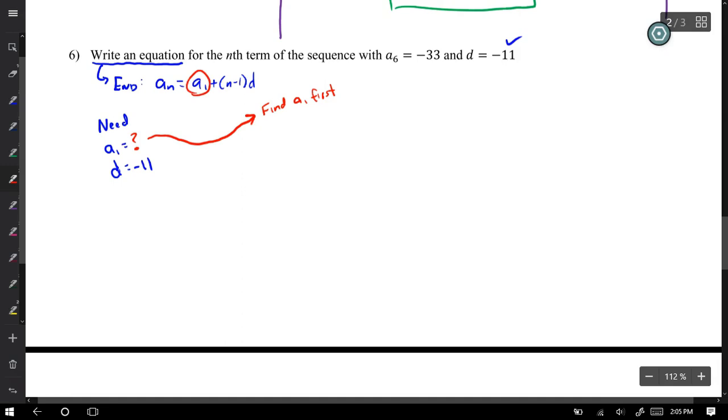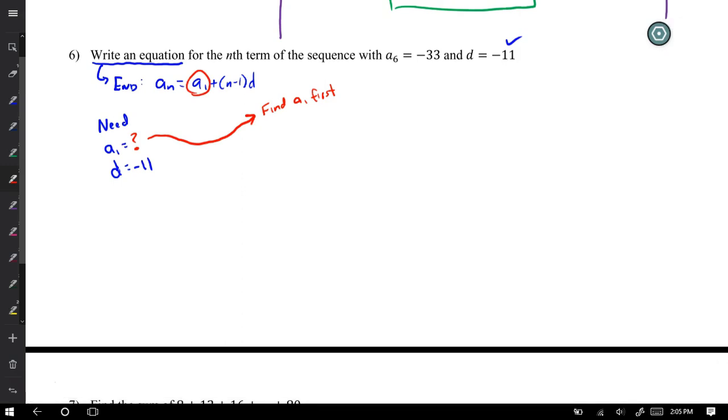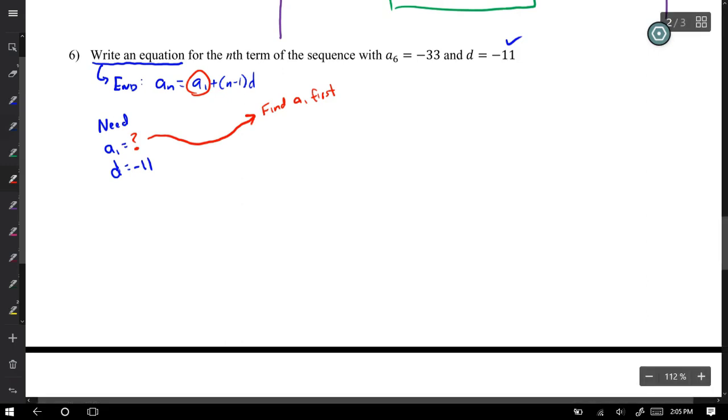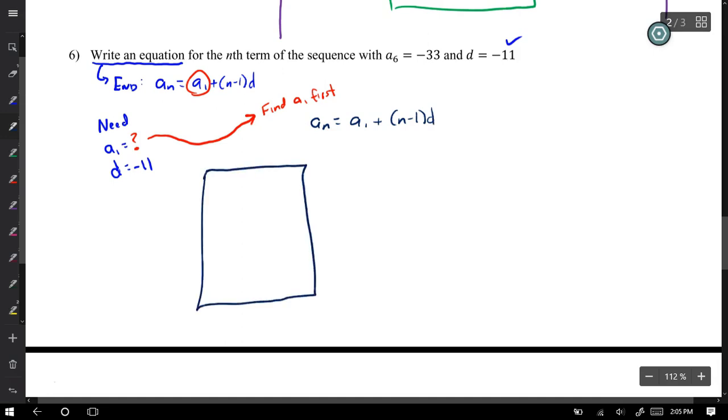It's missing. And if you're missing information when you're dealing with this, then we're going to go to our formulas to figure this out. So I know a sub n equals a1 plus n minus 1 times d. Let's see what I can figure out. So this is where I want to end. Let's just kind of fill a box. Here's what we're given so far though. We know a sub 6 equals negative 33.